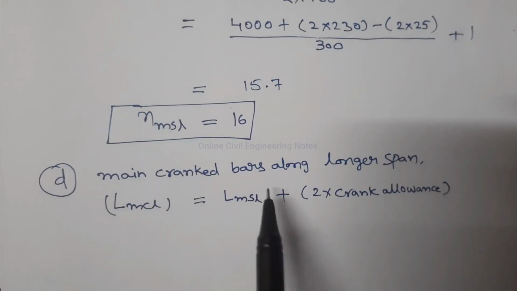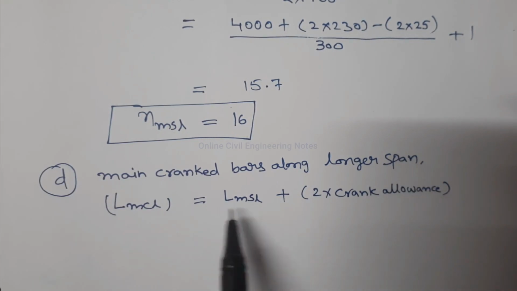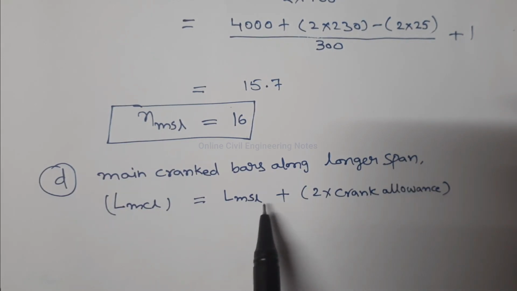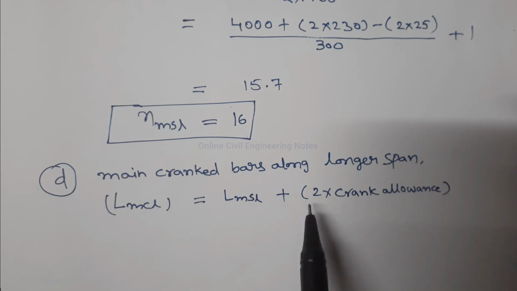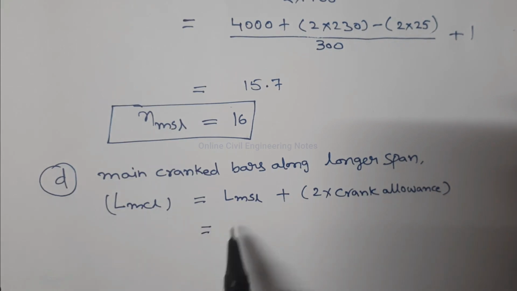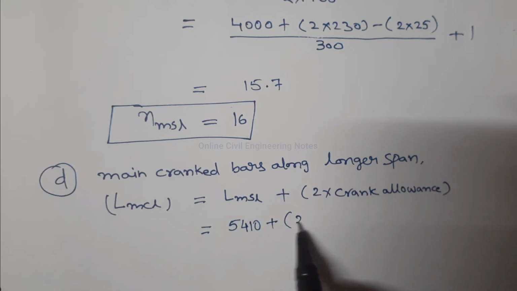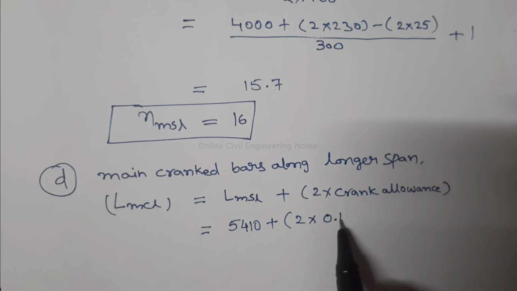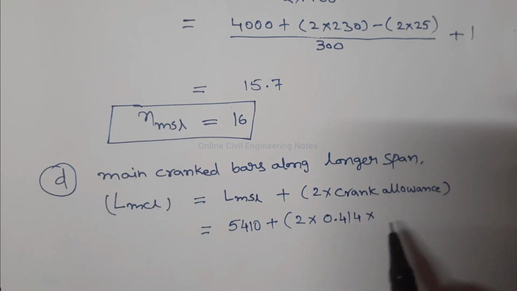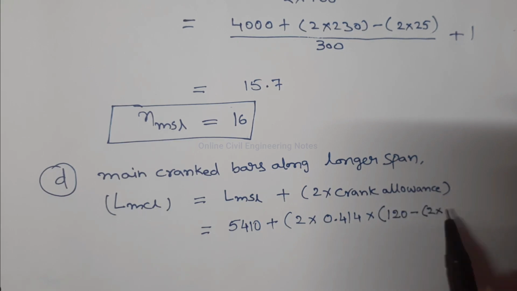Next one is main cranked bars along the longer span, which is equal to length of main straight bar along the longer span plus 2 into crank allowance. Length of main straight bar in the longer span is equal to 5410 plus 2 into crank allowance, which is 0.414 times D. D is equal to total depth of slab minus 2 into covers. Top cover is 20, bottom cover is 20.